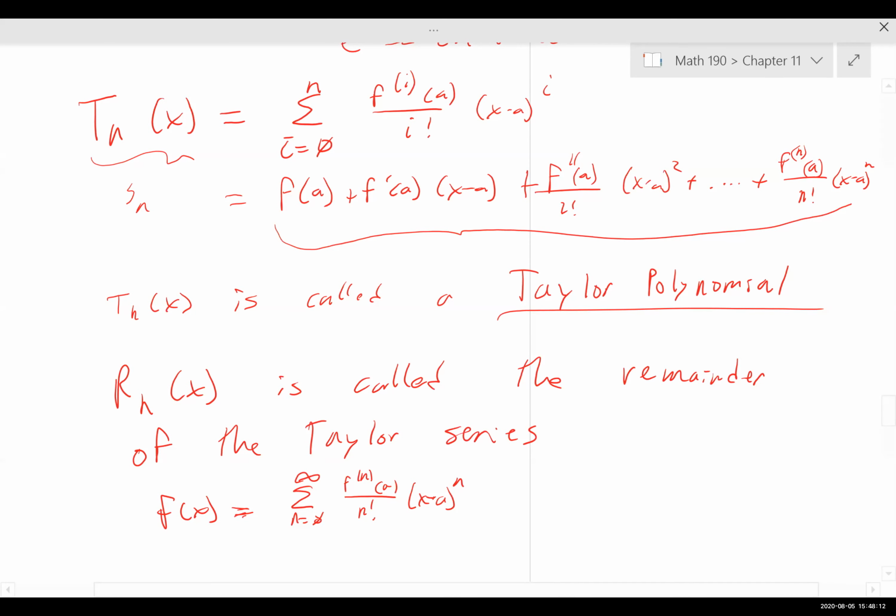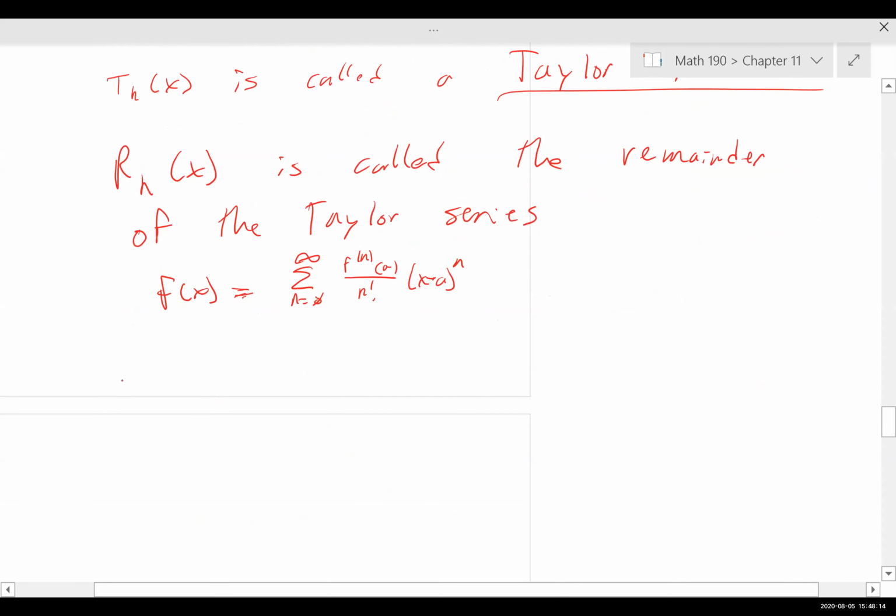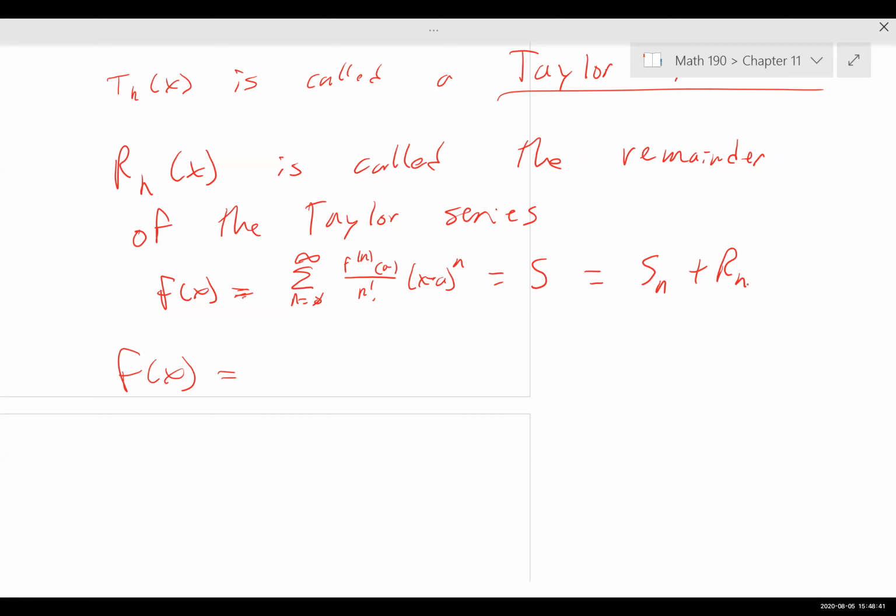So what we can say is that the whole function f of x is equal to, think of this as S, the partial sum plus the remainder. Does that make sense? It's the partial sum plus the remainder, what I would have left to add on.